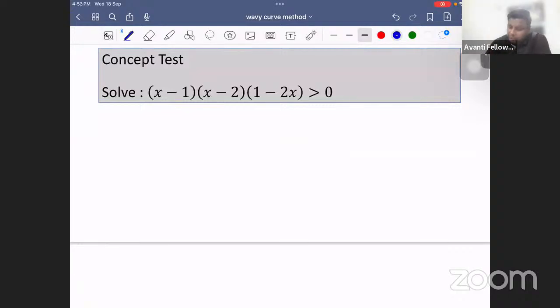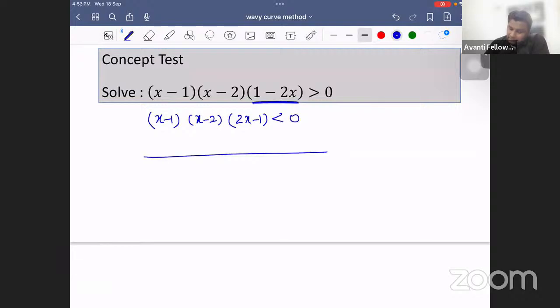Now, first of all, this is not in x minus a form. So change it by multiplying with the negative sign. So x minus 1, x minus 2, 2x minus 1, and the greater sign will convert to lesser sign. Now make the number line. Mention all the zeros: 1 by 2, 1 and 2. And then make the wave.